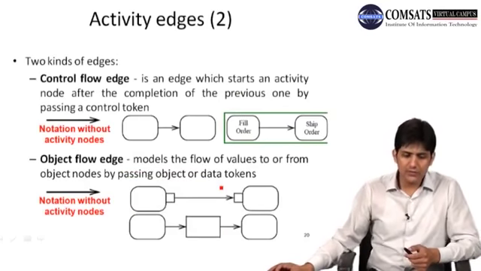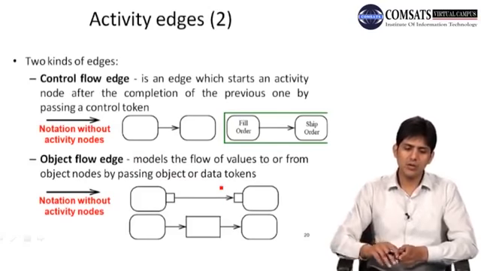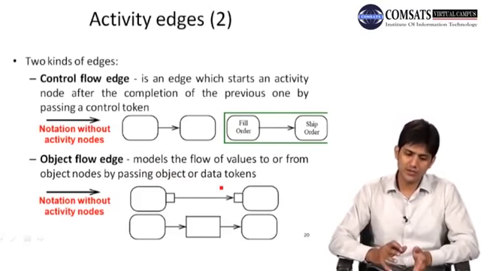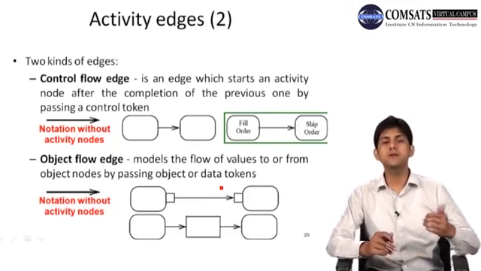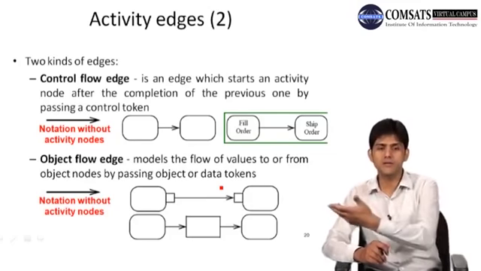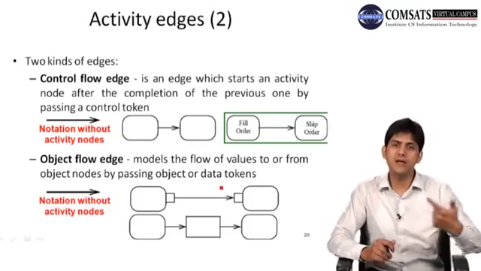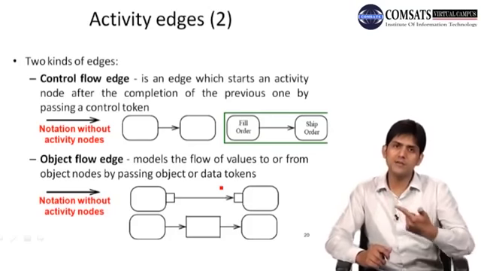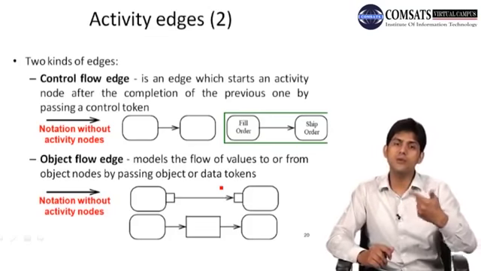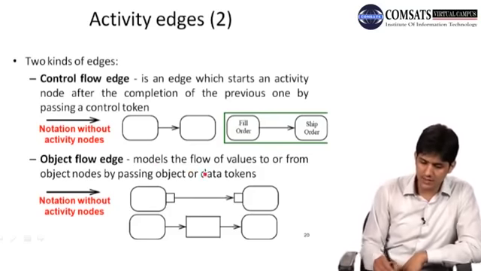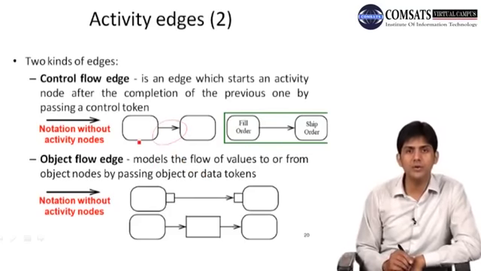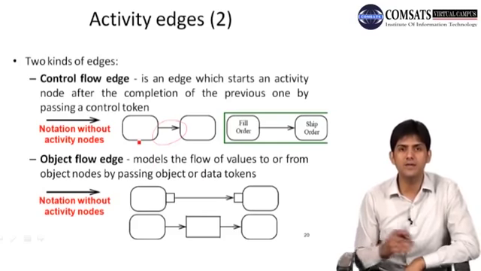Okay, we do have two kinds of edges. One we call control flow edges and the other we call object flow edges. What do control flow edges do? They just represent the control transferred between two actions, whereas object flow edges actually carry information. And object flow edges will always be between an object node and an action. This example is an example of a control flow edge, which is directly between two activities.